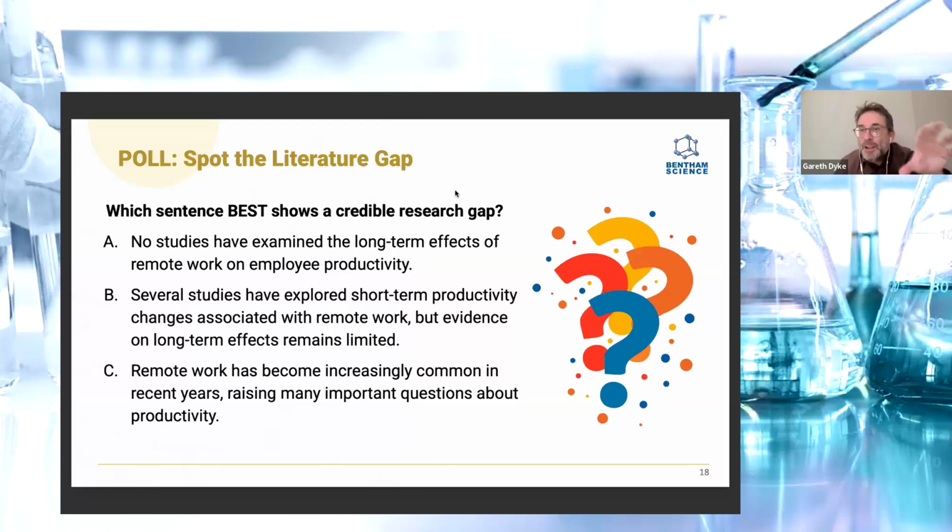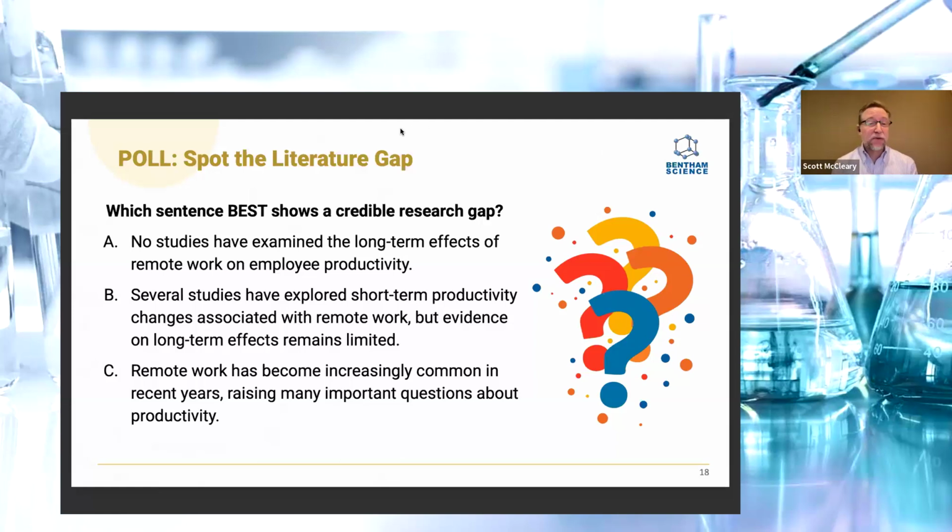But let's have a little bit of a look now as well at a thing that we call a research gap. What's that all about, Scott? Interesting. Okay, let's see what our audience thinks about this question. Which of these three sentences best shows a credible research gap? Okay, so sentence A, no studies have examined the long-term effects of remote work on employee productivity.